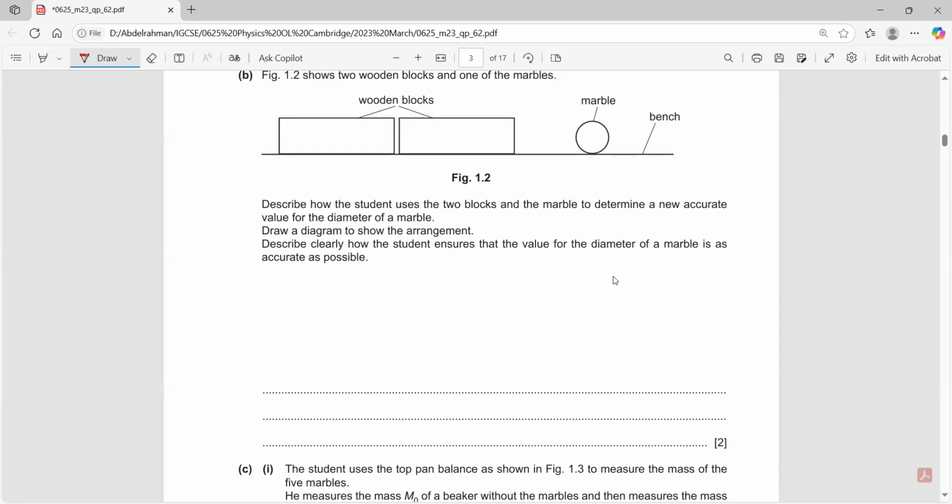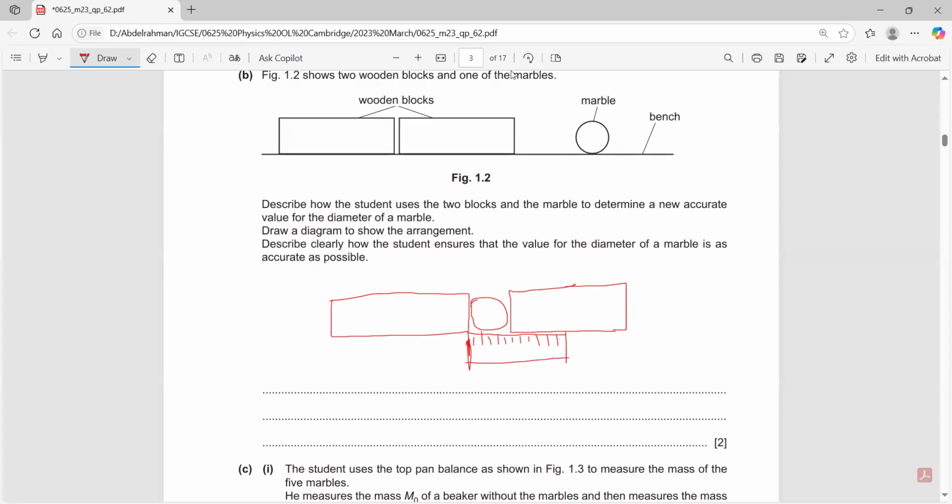To draw the diagram, basically we want to draw the wooden blocks and place the marble between them, right? You need to place the marble between them. Why? Because you actually need to measure the distance between these two wooden blocks. So using a ruler, you will measure the distance between these two wooden blocks.